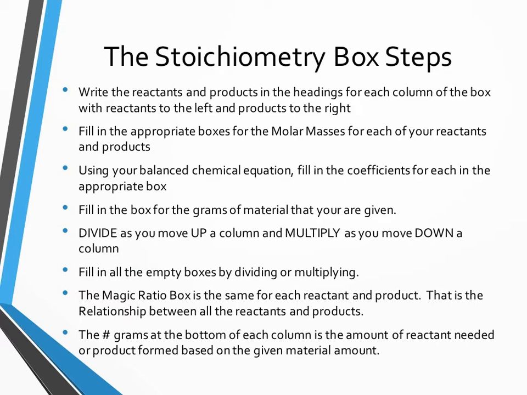Down the left-hand side of your table are listed things like molar ratio, coefficients from the balanced equation, number of grams, molar mass, number of moles, etc. When you fill in all the information that you know from the balanced equation, molar masses and all that, plus the information that you're given, by doing simple multiplication or division, you can get the answers to all the boxes in the table. Now let's see how this works in our next example.